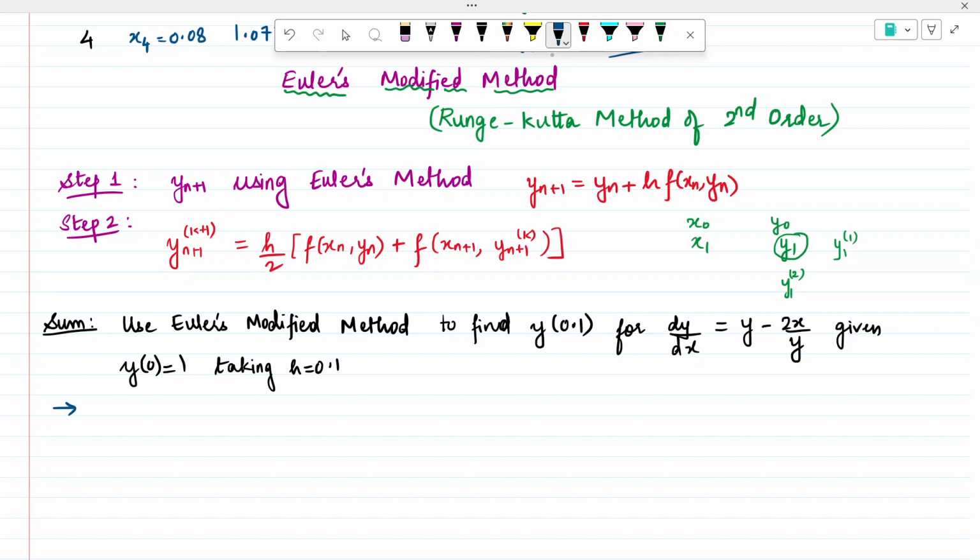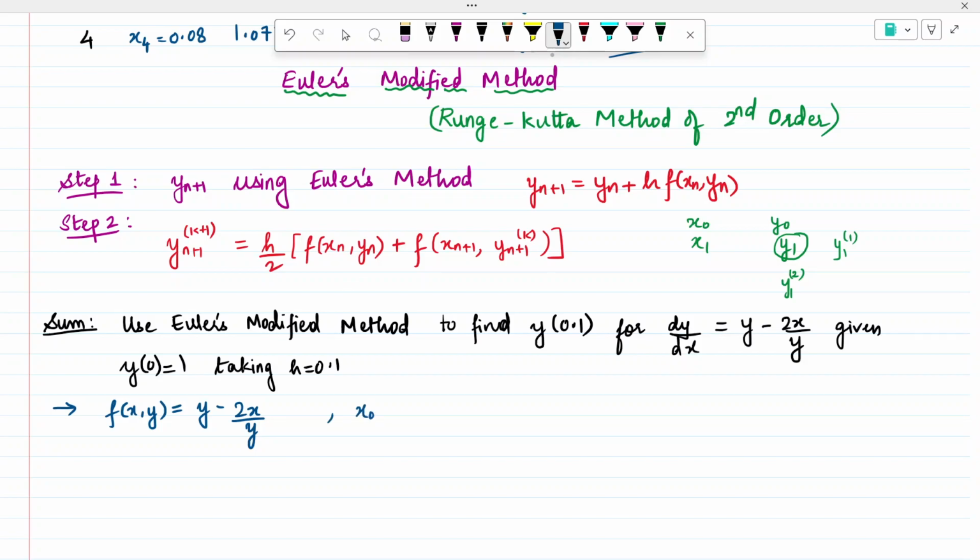Now observe the question. Tell me what is your f of x comma y in this case? f of x comma y is y minus 2x by y. Correct. Your right hand side of dy by dx is your f of x comma y.